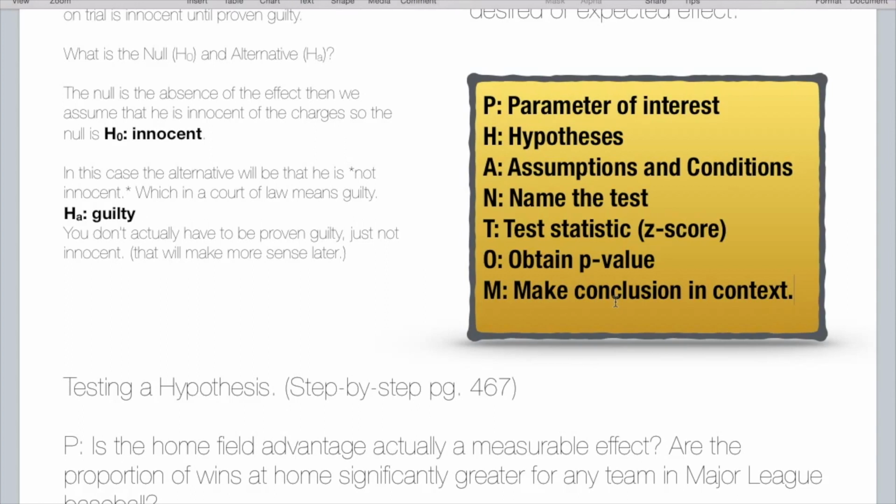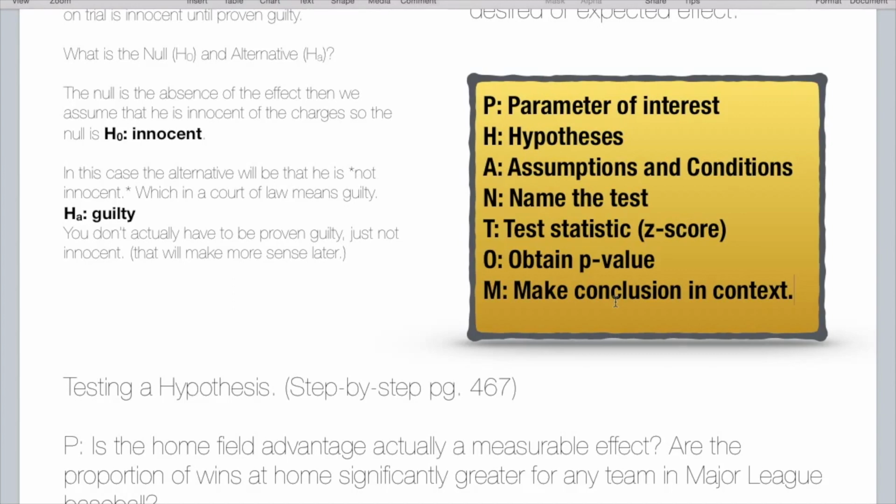If there was no home field advantage, and this isn't specific to any one team, then if you broke it up into home and away, in terms of wins and losses overall, you would expect teams to win and lose about the same in both places, right? If you take all the wins and say, how many did I win away? How many did I win at home? You would assume that wouldn't make any difference. So we're going to do a significance test and run through this.